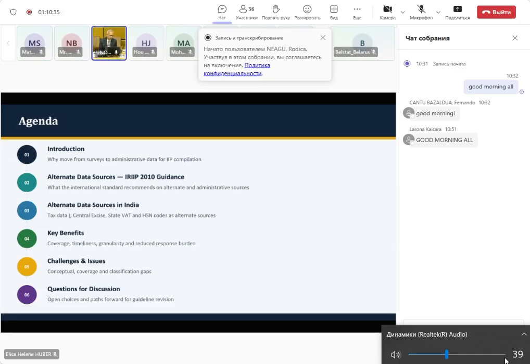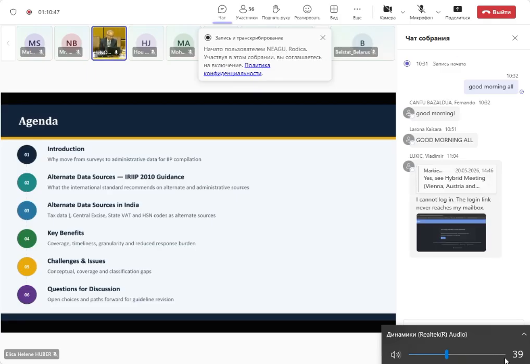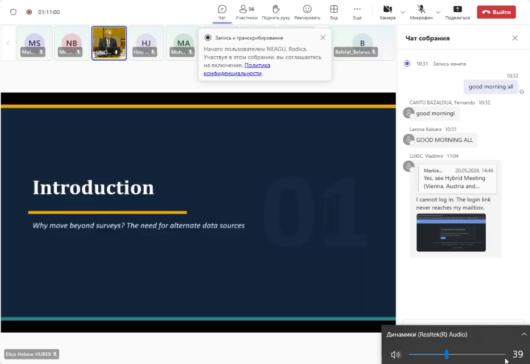So my presentation will cover how we should deal with our data requirements vis-a-vis the resources available, what alternative data sources we can tap, what specific data sources in India we are considering, key benefits, challenges and issues being faced, and specific questions for discussion.